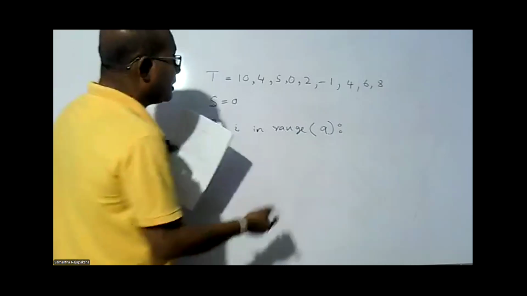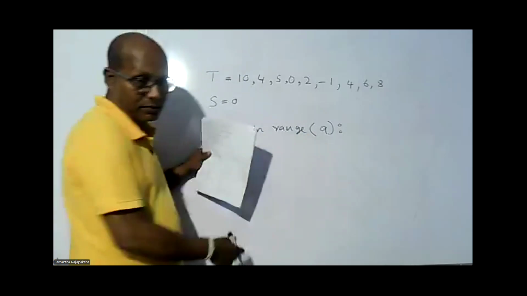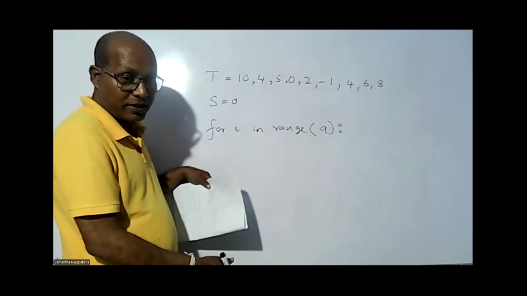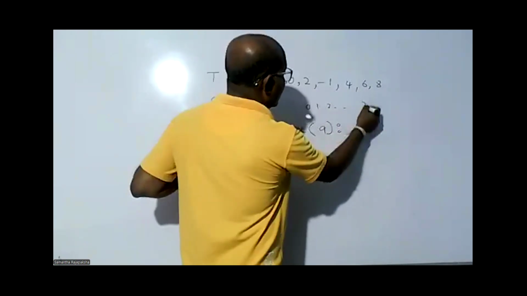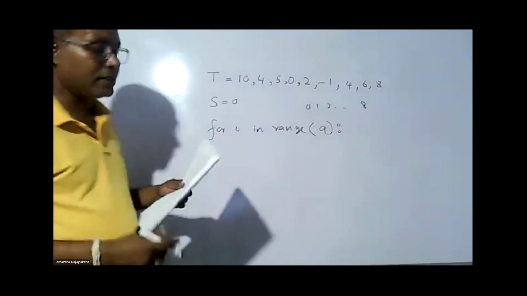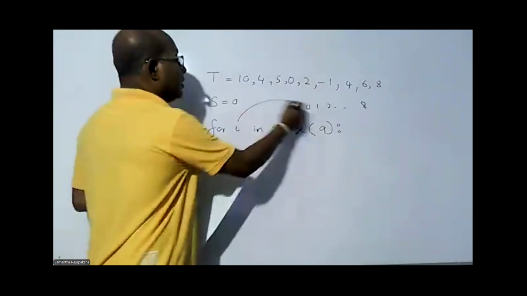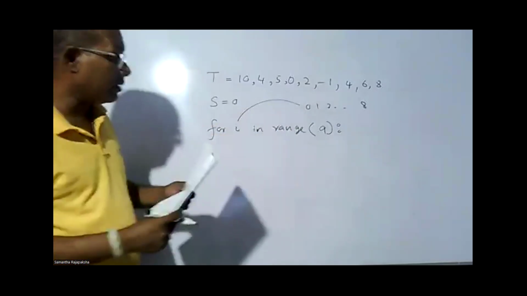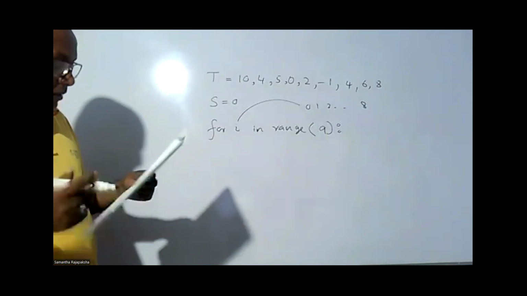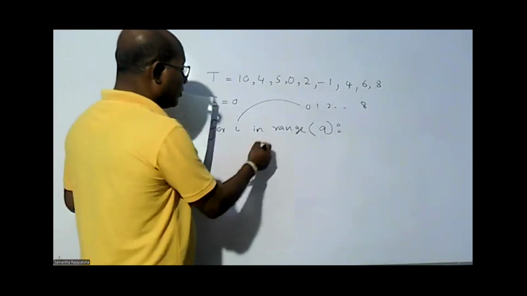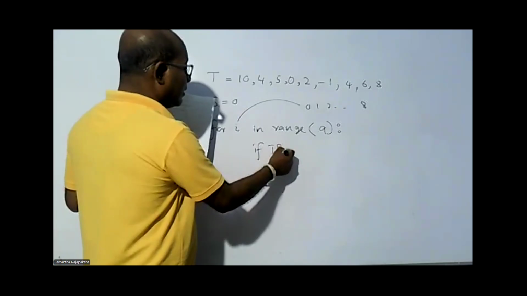Then range 9 means this loop runs 9 times, because range 9 means 0, 1, 2, 3 up to 8. Therefore, initially i equals 0, then i equals 1, and the body of the loop will run 9 times. Just keep that in mind. Then it will check if T[i].